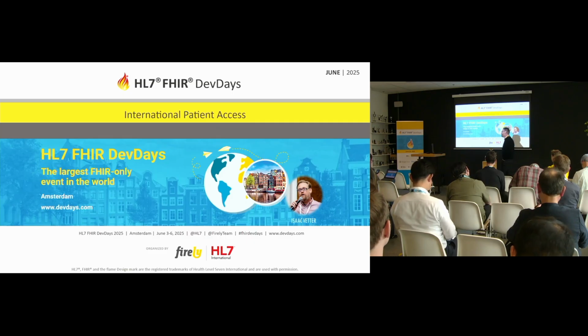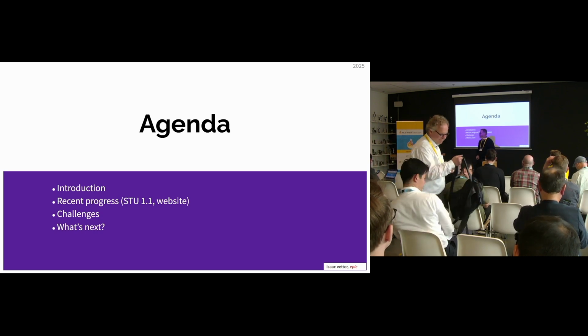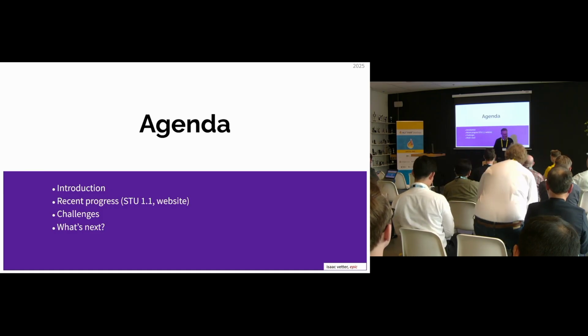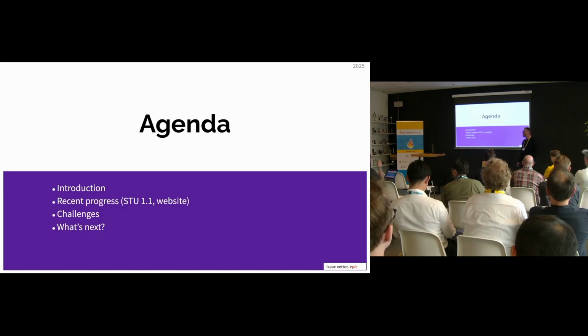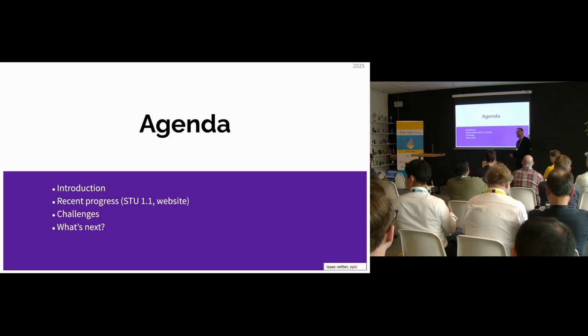Over the next 15 minutes or so, my goal is to give an overview and introduction to the International Patient Access Project and HL7 specification. I'll talk about some of the recent progress the project has made, the efforts and accomplishments over the last 6 to 12 months, and have a frank discussion about some of our challenges and observations from leading a universal realm specification.